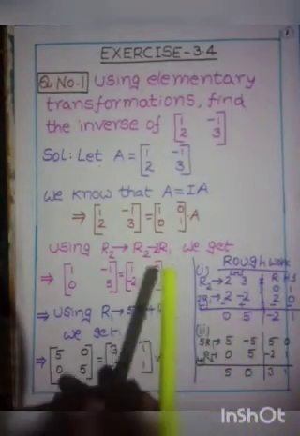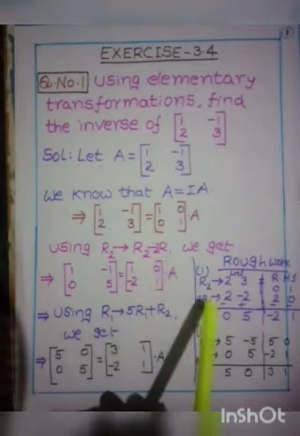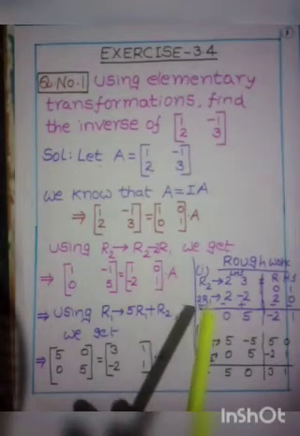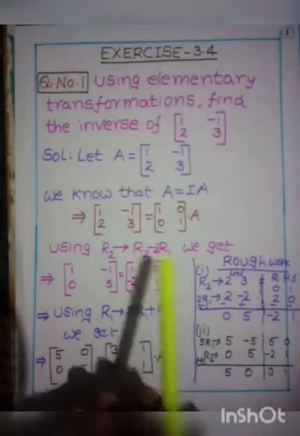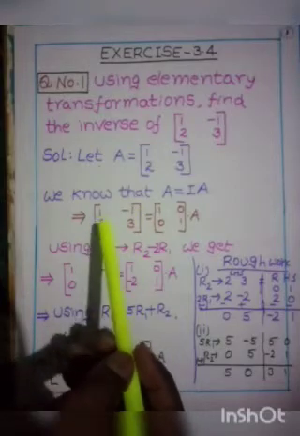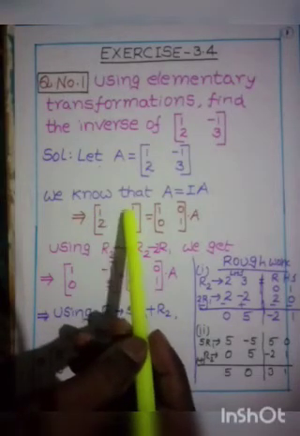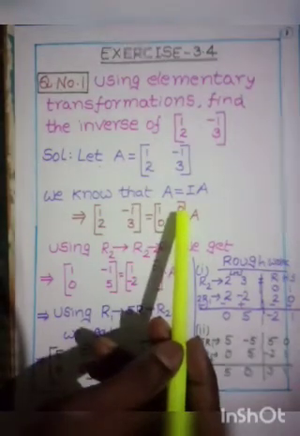Right. Now, what is the second term? 2R1. In the next line, I wrote here 2R1. What is meant by 2R1? We have to multiply R1 by 2. What are the elements in R1? 1 minus 1. In LHS, 1 minus 1 are there. In RHS, 1, 0 are there.